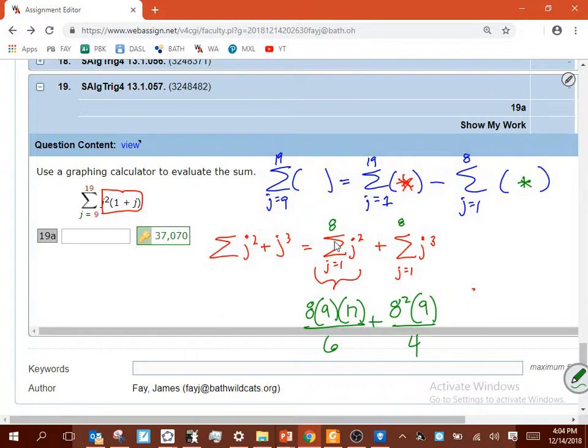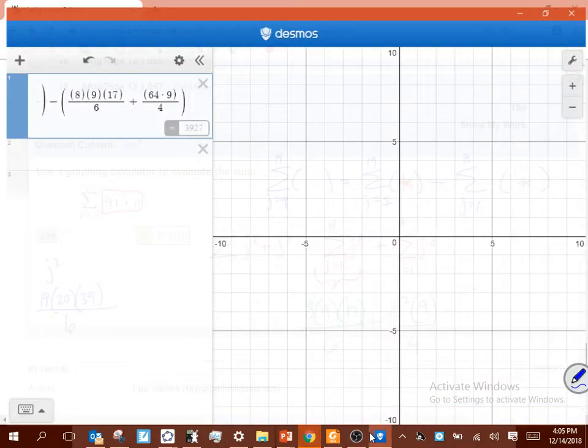I went from 1 to 19. Let me just rewrite that 1 to 19 real quick. So j squared is going to be n plus 1, 2n plus 1, all over 6. Let's make sure I had that typed in right.